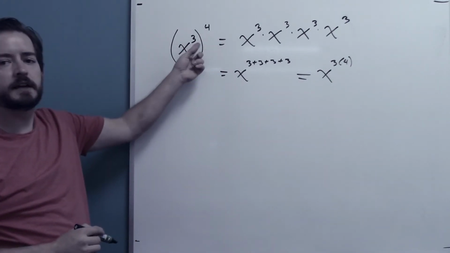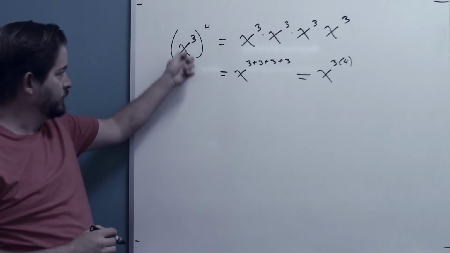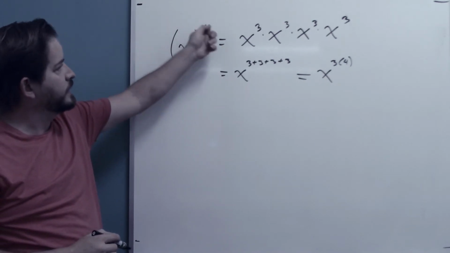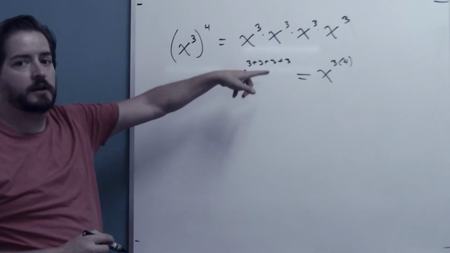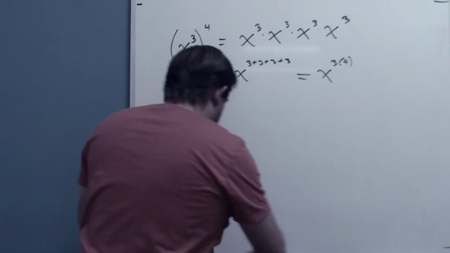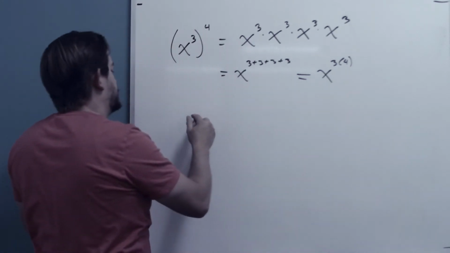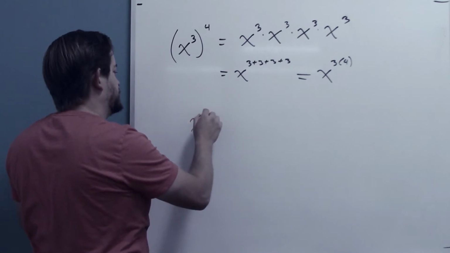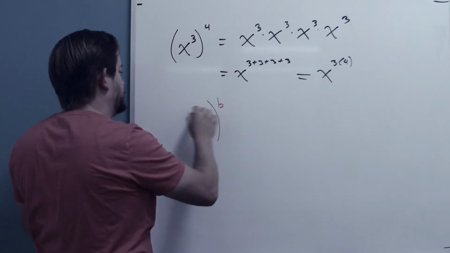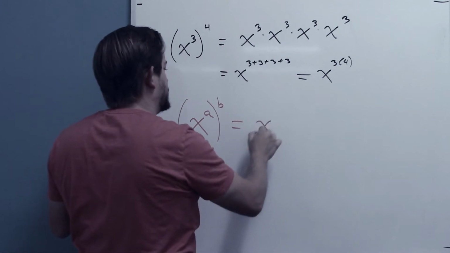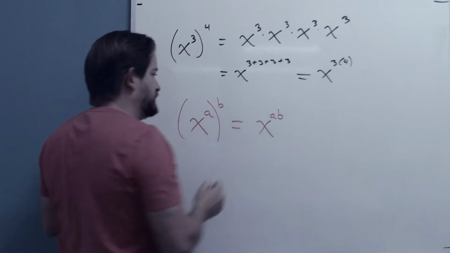So I'm just multiplying these two. So if I have something raised to a power, and then that is raised to another power, it's the product of those two powers. And that is written this way. X raised to one power and then raised to another power is the same thing as simply x raised to a times b power.